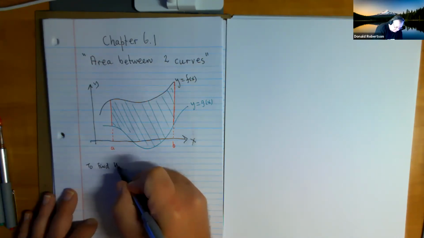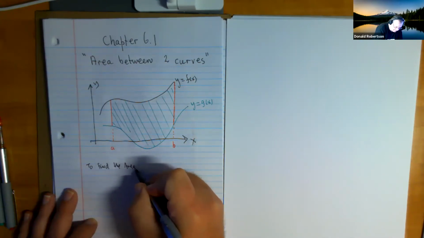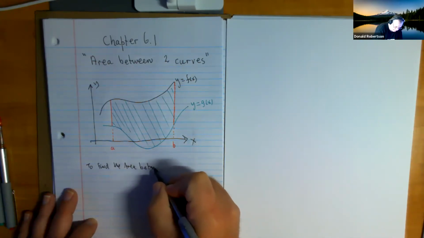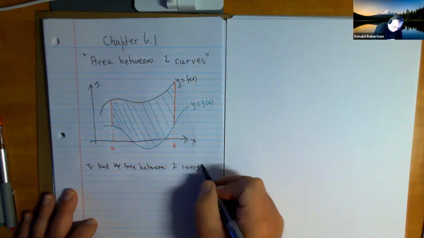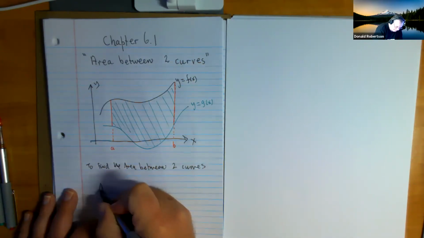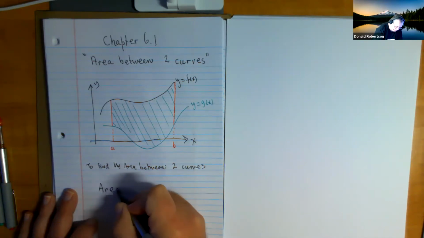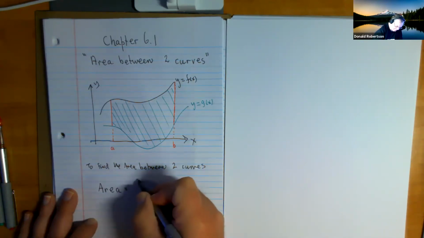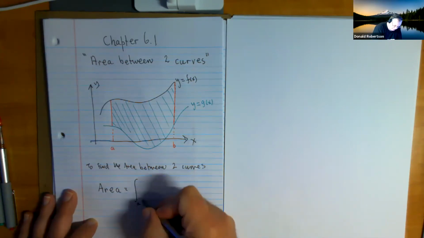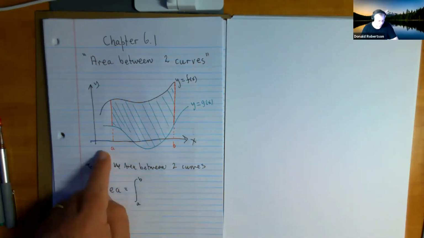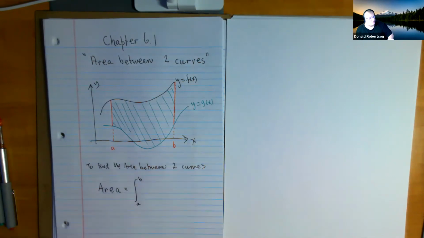To find the area between two curves, you use this formula. It's the integral from a to b. That seems reasonable, right? You're starting at a and you're finishing at b.